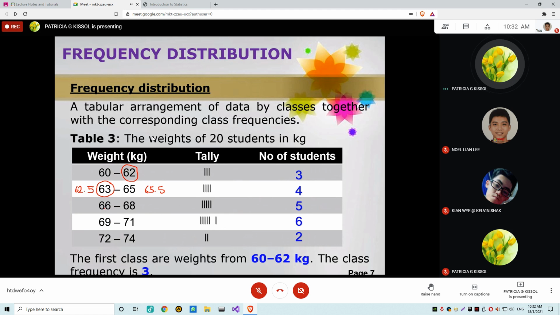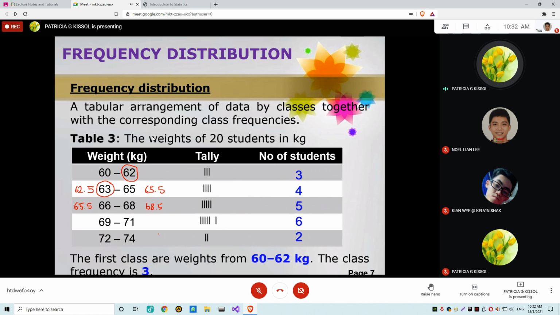Same thing here for 66 to 68. The lower class boundary is 65.5, and the upper class boundary is 68.5. So when we want to calculate the class size or the class width, you just minus 68.5 minus 65.5.